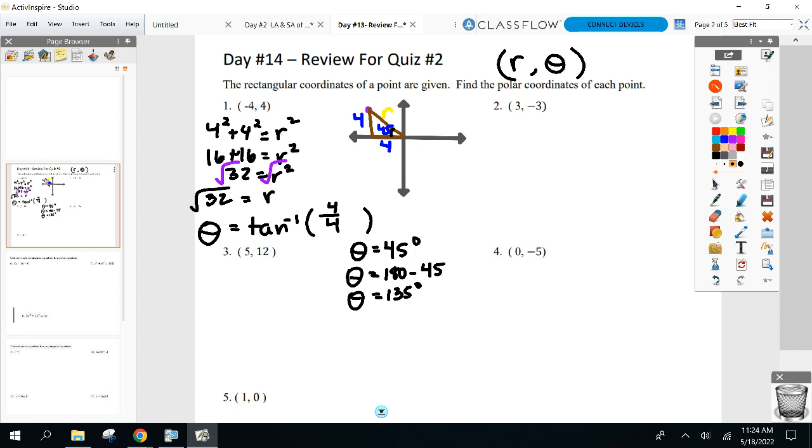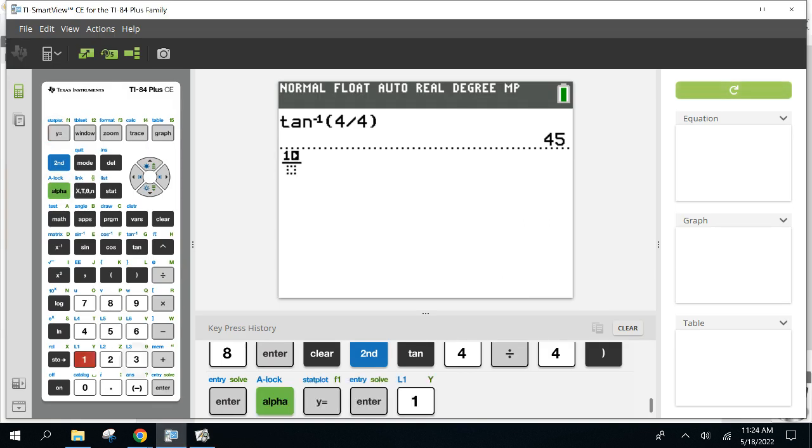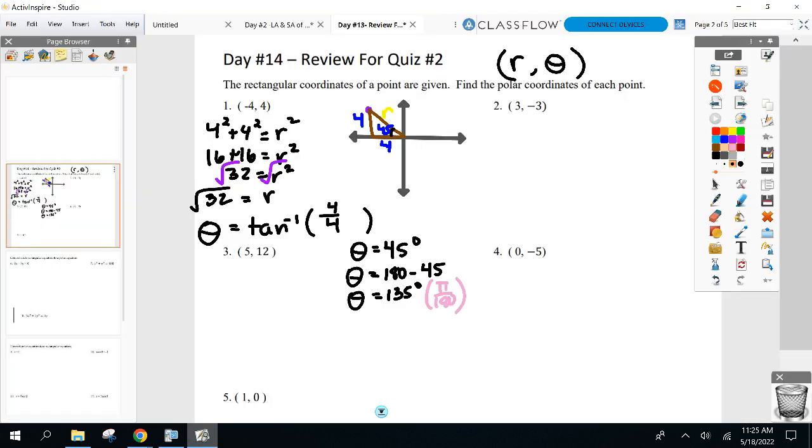So what do I need to multiply by? Pi over 180. And again, I know some of you guys drive yourself nuts how to do this. You just simply get a fraction template up and put in 135 on the top, 180 on the bottom, and it'll reduce it for you. 3 pi over 4.